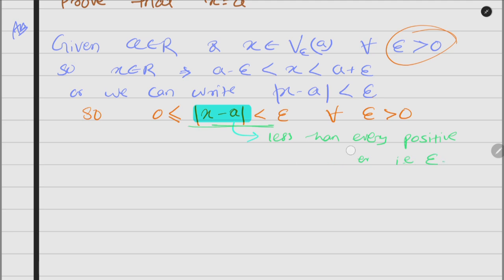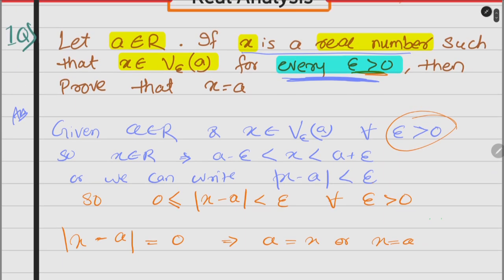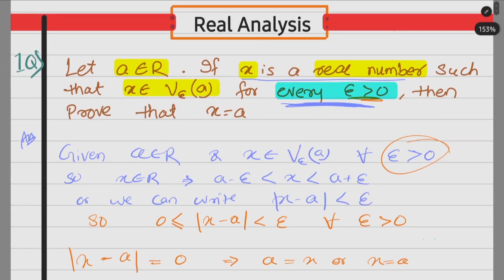Okay, so what we can write, x minus a, 1 minute, x minus a is equal to 0. That implies a is equal to x, or x equal to a. Done. This is only 2 more questions. The main thing you need to think is how we can solve this. Okay, so that's all about this question.